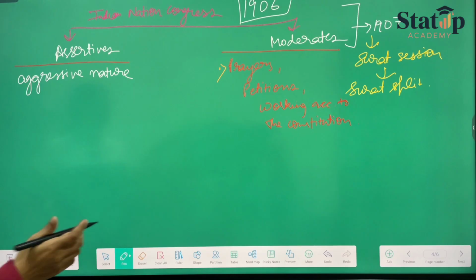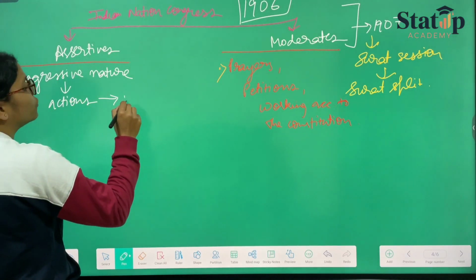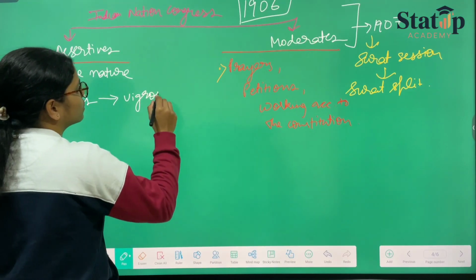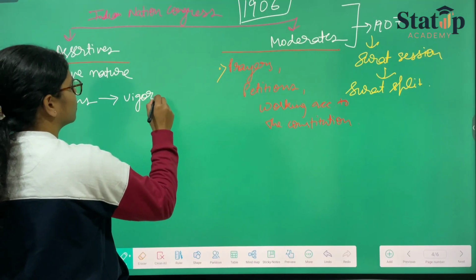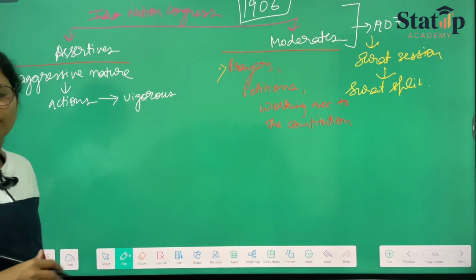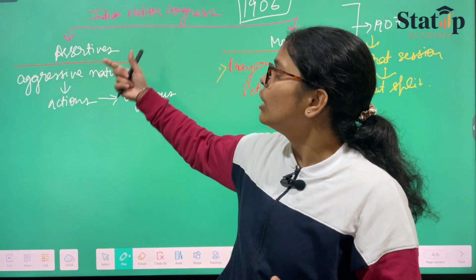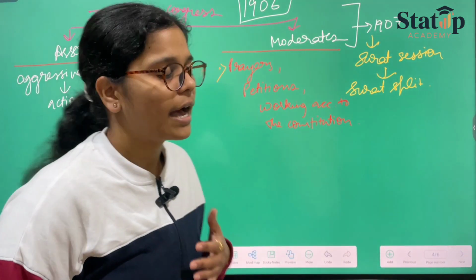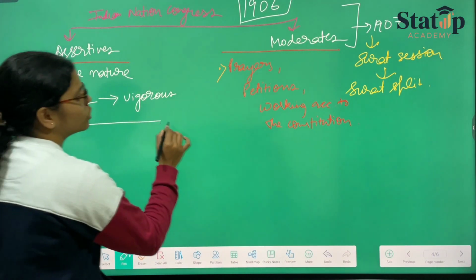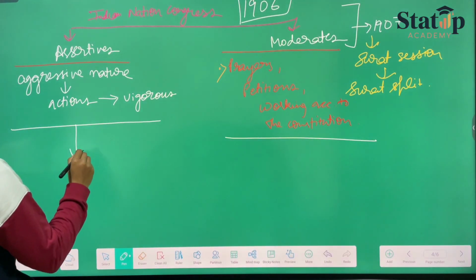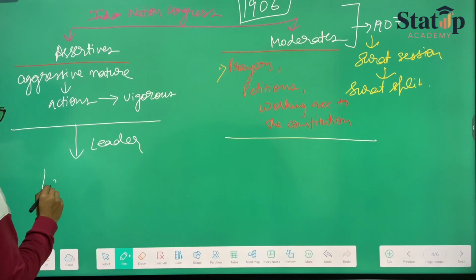Therefore, what was in their minds? They believed in actions, that too vigorous actions. Violence ही नहीं होगी, but the vigorous actions would be taken. So assertives believed in taking up vigorous actions. So assertives का जो main role था, the leader from the side of the assertives was to be Lala Lajpat Rai.